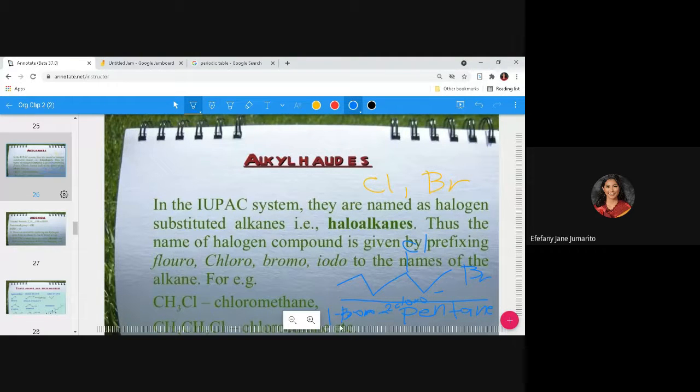Bromo comes first because of alphabetical order. Alphabetical, then the counting starts from here: 1, 2, 3, 4, 5. Question? Are you following, class? Yes, ma'am. Ask your questions, class, because an exam is coming up.